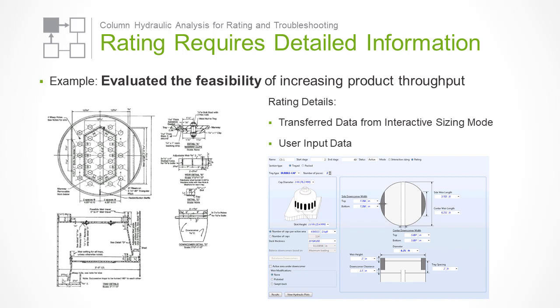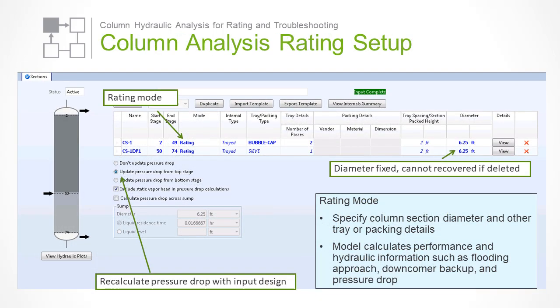To use the rating mode in column analysis, detailed information of column internals is required, such as downcomer and tray geometry details. These details can be provided from either the interactive sizing mode or as user input. In the section sheet of the column analysis interface, the rating mode can be enabled by switching the mode from sizing to rating.